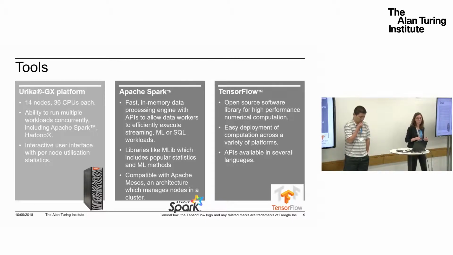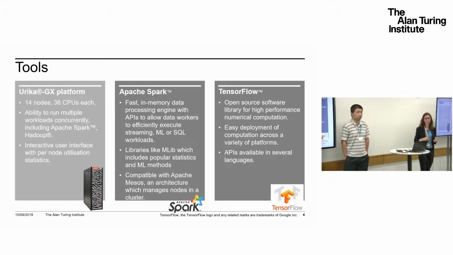Apache Spark is known for handling in-memory data very quickly and sharing memory and computation power between nodes, whereas TensorFlow is a library developed by Google, where the underlying assumption is that the data that you're using are too big to be loaded into memory. So what it does is that it loads batches of data at each time.